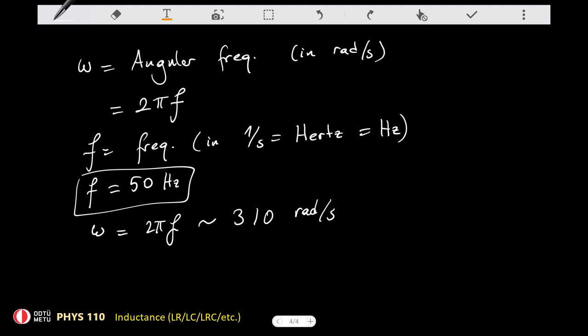And then there's another thing. Let's just talk about an EMF device connected to a resistor. All right, let's make this a little bit more general.